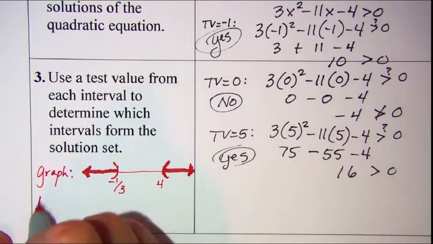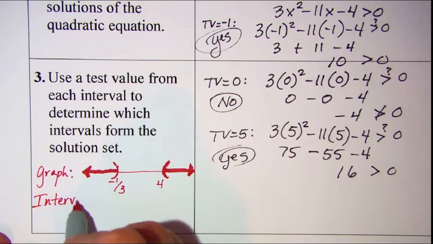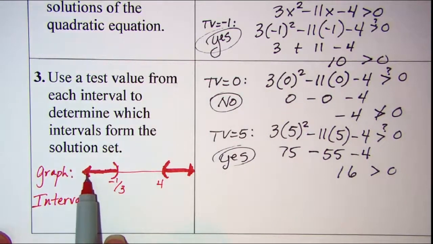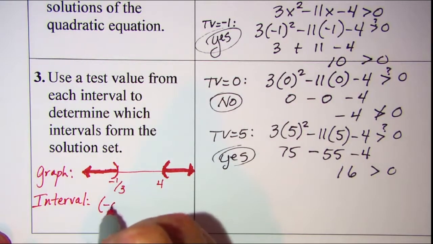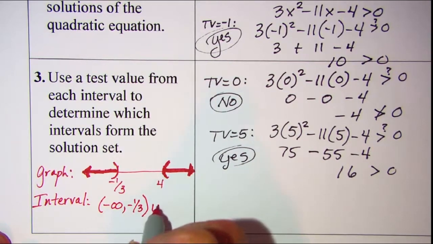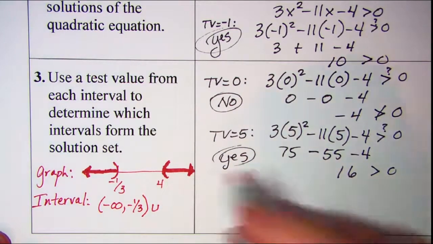Now you may be asked to show your solution in interval notation. Interval notation would look like negative infinity up to -1/3, union with the set from 4 to positive infinity.